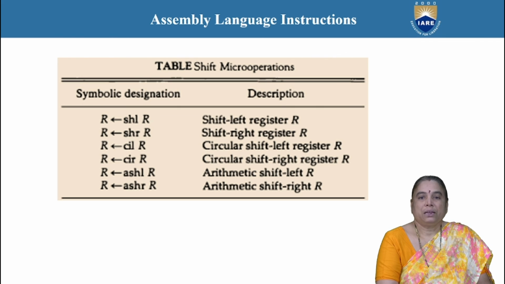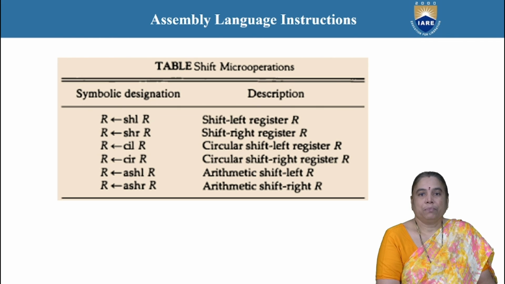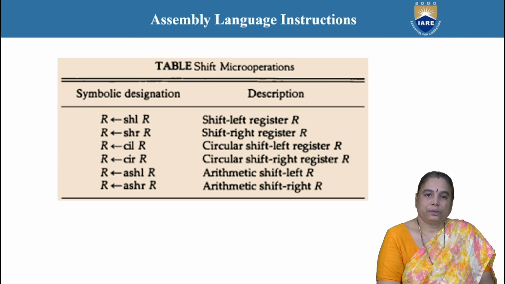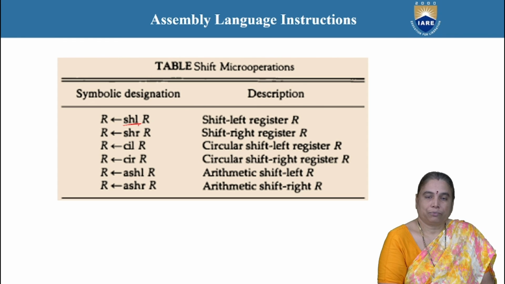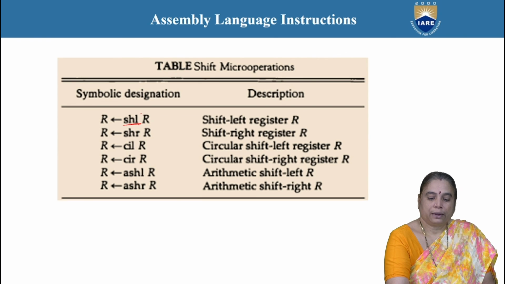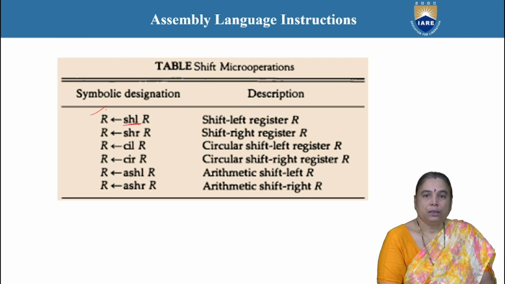What are the assembly language mnemonics that can be used for these 6 shift micro operations? Here SHL, that is shift left: the register content of R can be moved to R. This is the RTL notation of the shift micro operation.